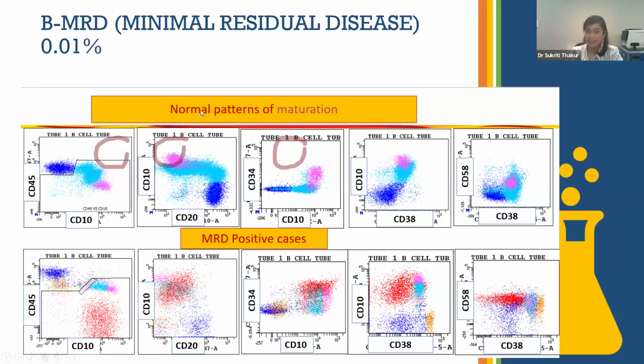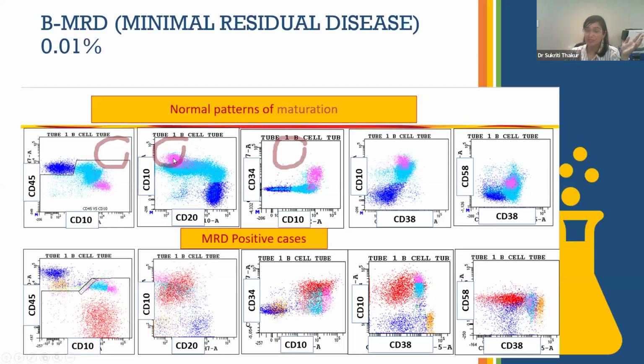So here I can see, as I told you before, hematogones, the precursor B cells basically. Hematogones, which are stage 1, 2, then mature towards B cells. Here in the CD10 and CD20 plot, you can see a beautiful waterfall pattern, and we have been studying this waterfall pattern since long.